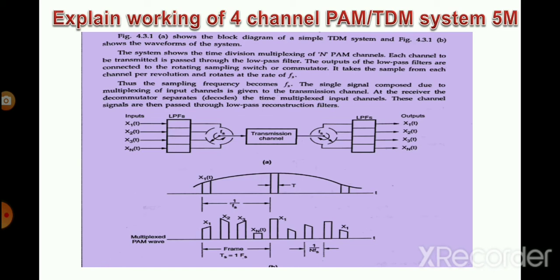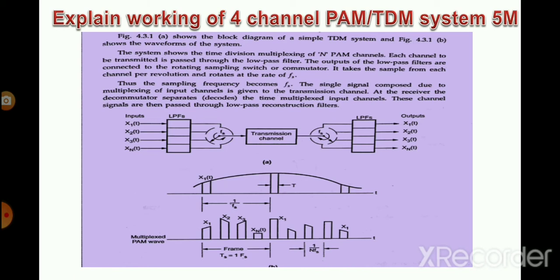It takes one sample from each channel per revolution and rotates at the rate of Fs. Thus, the sampling frequency becomes Fs. The single signal composed by multiplexing of input channels is given to the transmission channel.